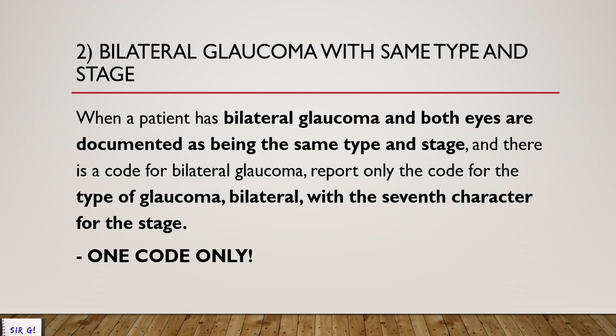As a rule of thumb, if there's an option for bilateral and we are talking about the same scenario in both eyes, use the bilateral code, because they don't put that bilateral option there for no reason at all. So the same type, the same stage, both eyes, use the code for bilateral, so one code only.